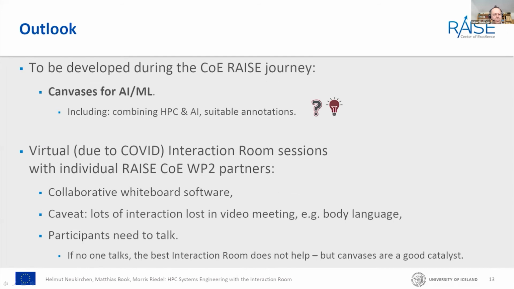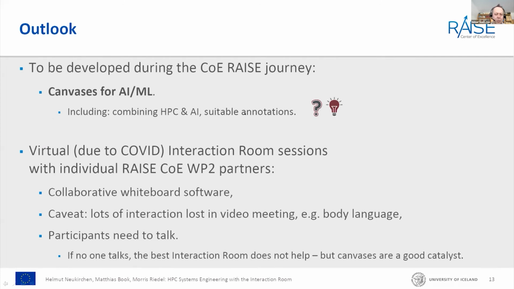So as said, while we have those canvases for HPC, we still need to develop those for AI. And I think, like I said, Matthias, the software engineering and interaction room expert, Morris, the HPC and AI expert, and me somewhere in between, we will sit together and think about that. And as RACE is about combining HPC engineering simulations and AI, it's of course also canvases that combine these different fields.